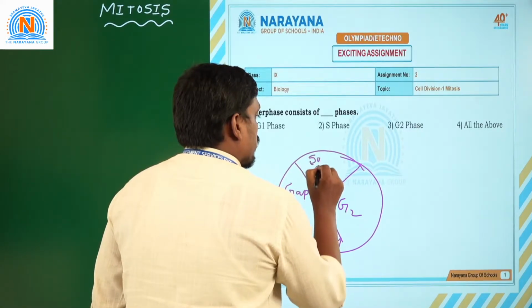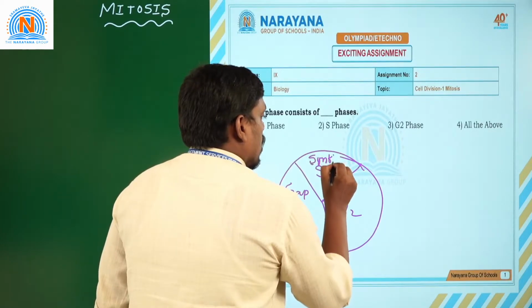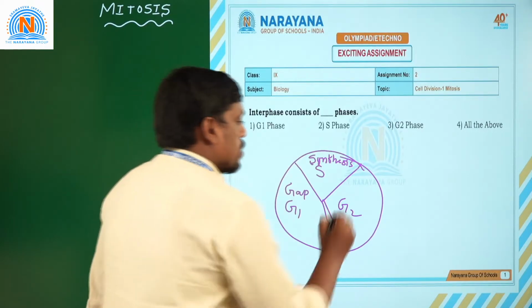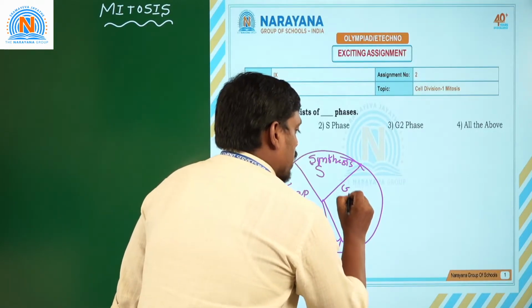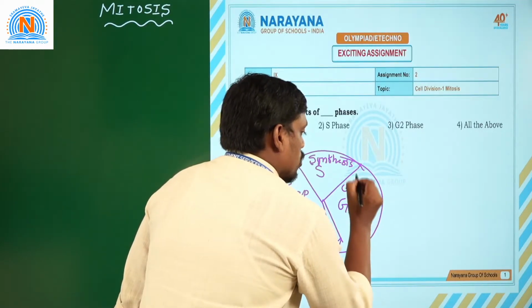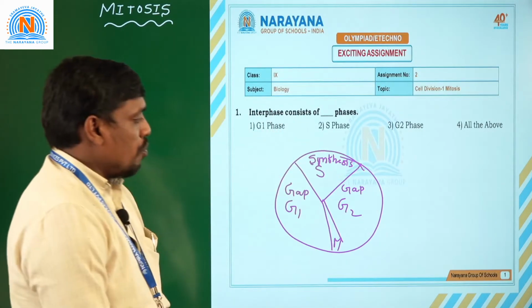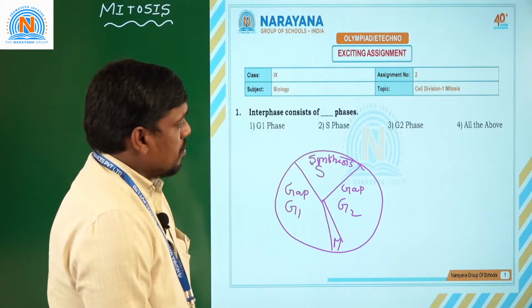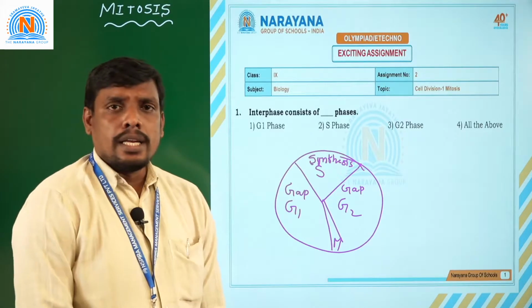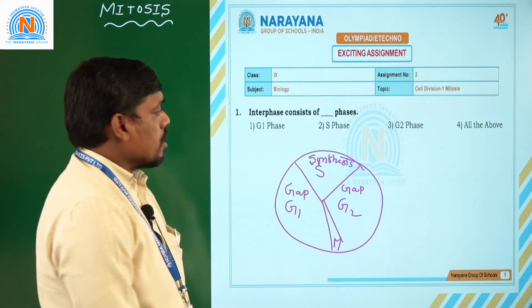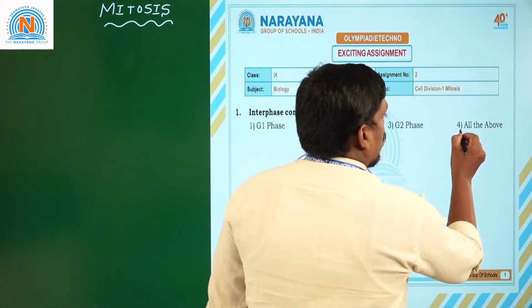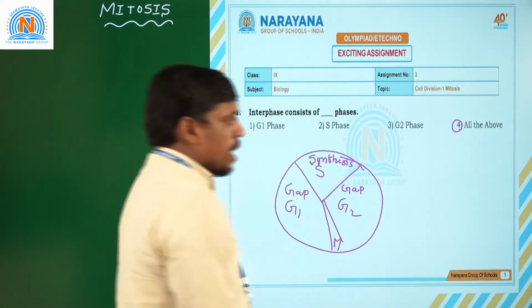Synthesis phase. What do you mean by G2 phase? Gap 2 phase. So, like this, the three different phases are seen in interphase. So, the correct answer is the fourth one, all of the above.